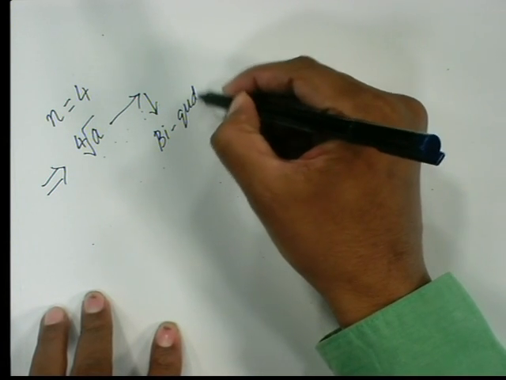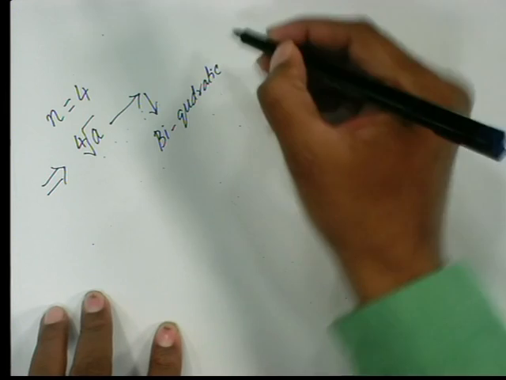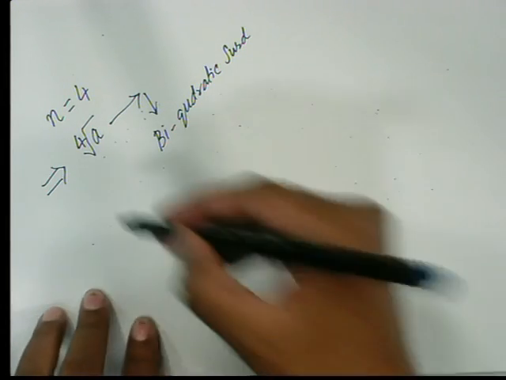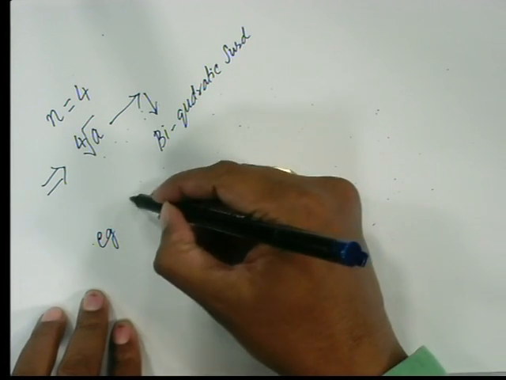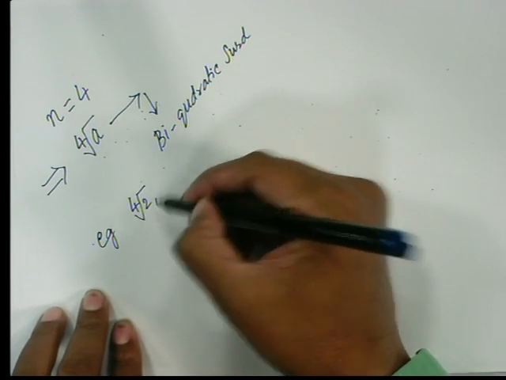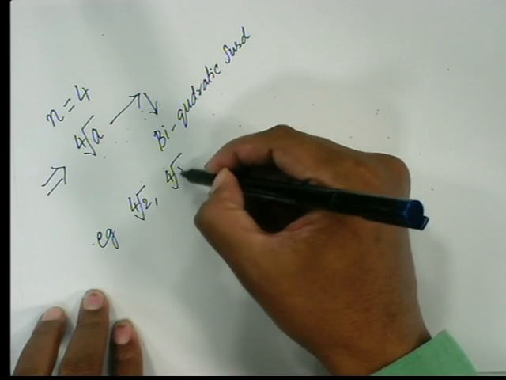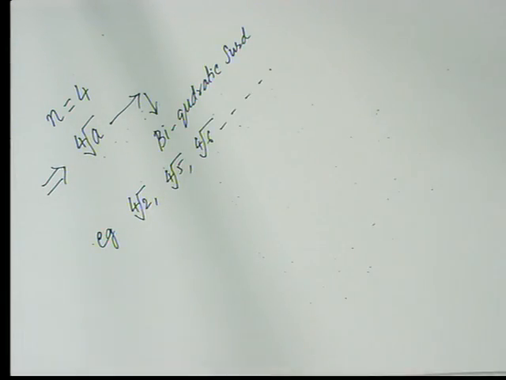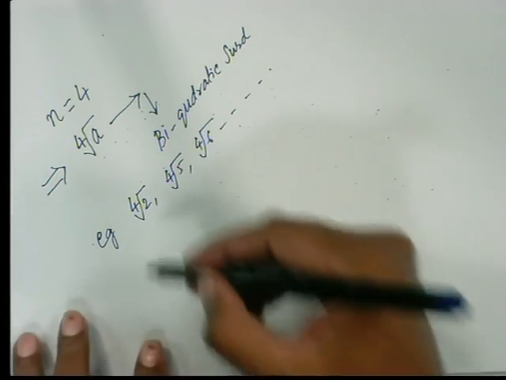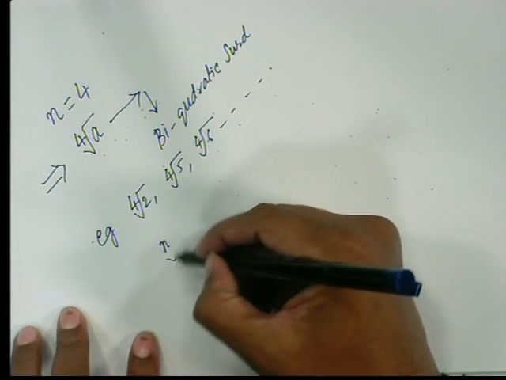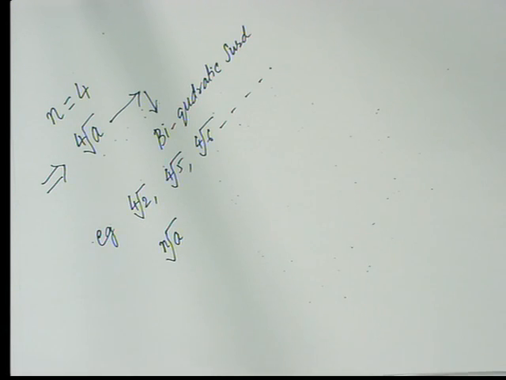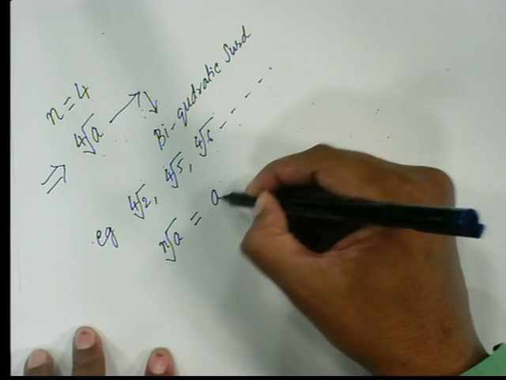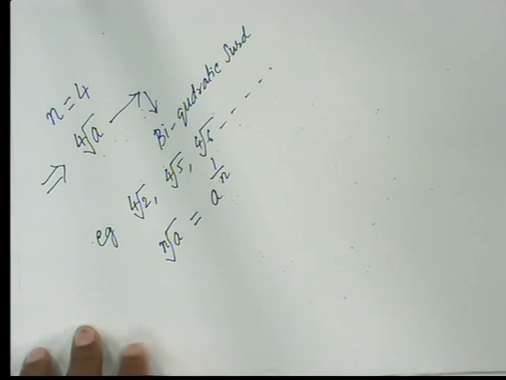Examples: 4th root 2, 4th root 5, 4th root 6 and so on. Now nth root a is a SURD. This nth root a is equivalent to a to the power of 1 by n.